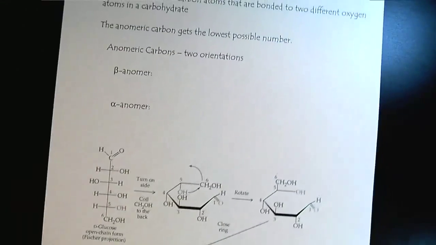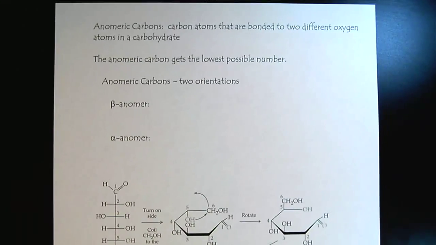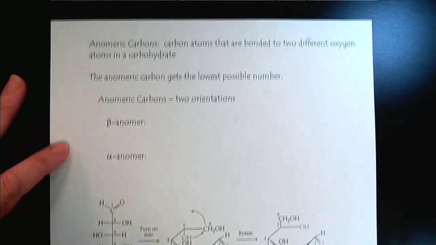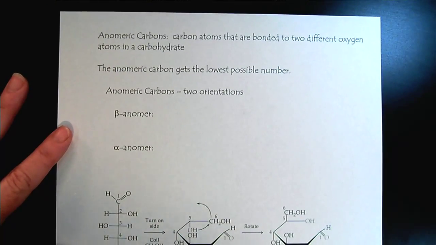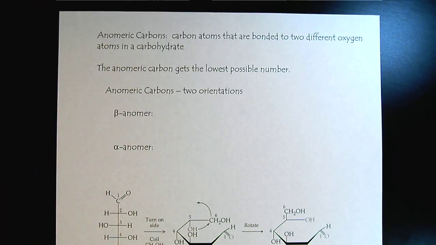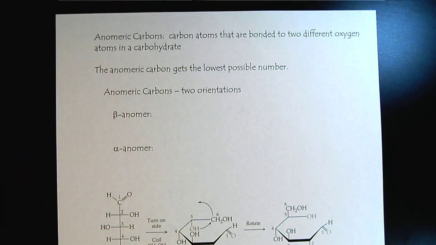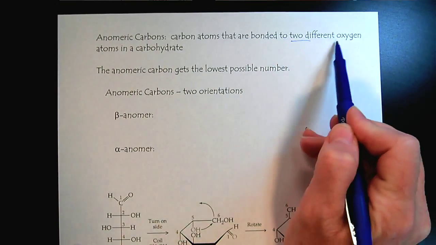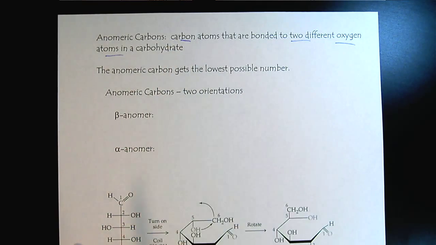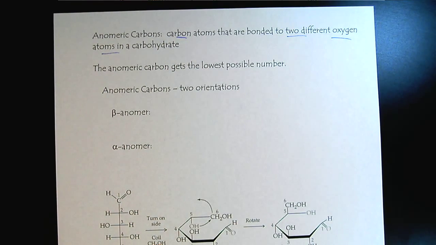Okay, so now let's take a closer look at the anomeric carbons. That's the carbon atom that's bonded to 2 different oxygen atoms. So in the open chain, it's the carbonyl carbon.